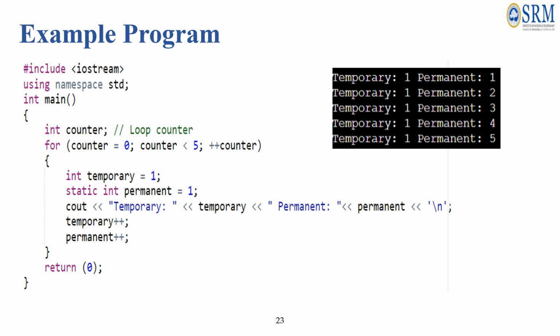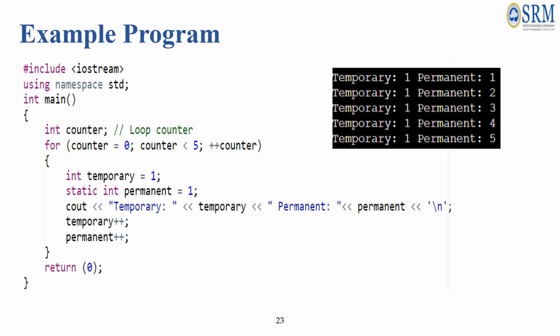Each time it enters the loop, the values of temporary and permanent get incremented, but since temporary is initialized inside the loop, it is assigned 1 again. Since permanent is a static variable, the same copy is accessed. You can see in the output that temporary is always 1, but permanent increases by 1 each time.